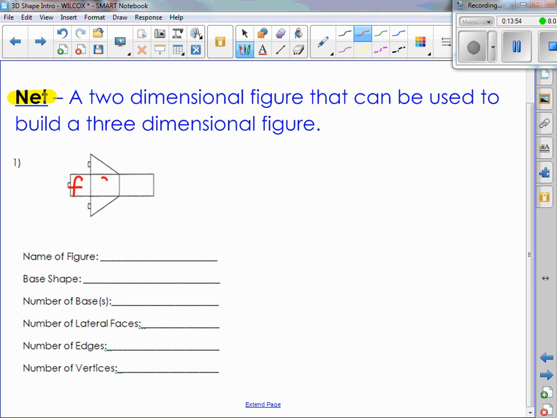So these rectangles would be my faces, and these 2 triangles would make up my 2 bases of my prism. So my base shape are the triangles. And I know it's a prism because it has 2 bases. And remember, we name the prism by its base shape. So a triangular prism.